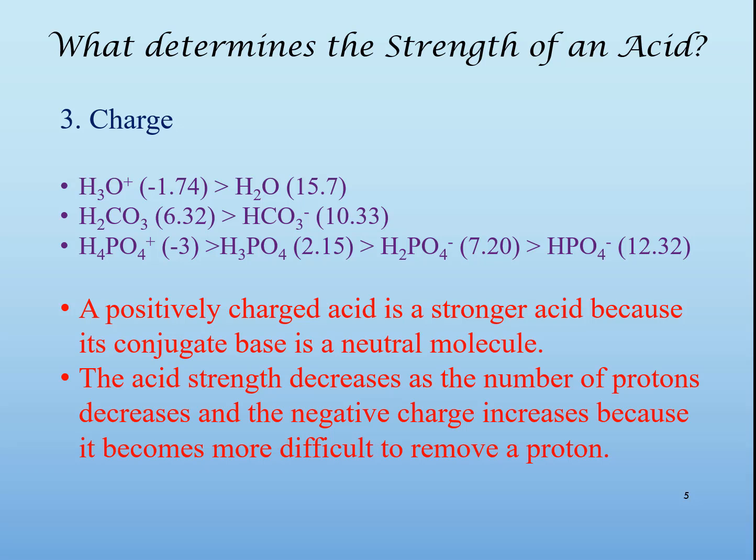Generally, we observe that positively charged acids are stronger because the conjugate base is a neutral molecule. And we also see that the more negative charge we have on the conjugate base, the less acidic the compound is going to be, because it gets increasingly more difficult to remove a proton from this acid then.